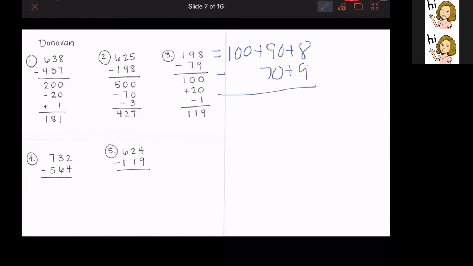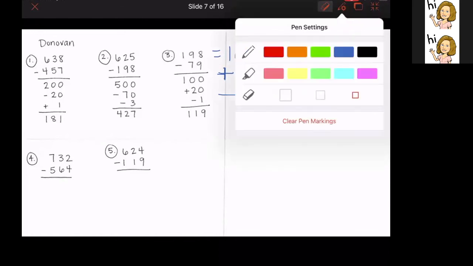All of these. And so what we see Donovan doing, he's thinking about subtraction as kind of adding a negative number, right? Both the 70 and the 9 are negative if we think about it like this.